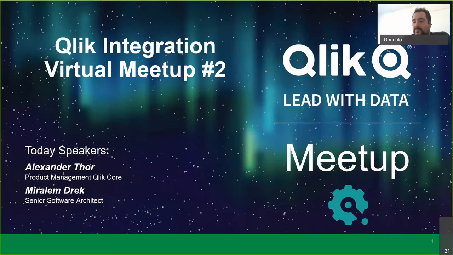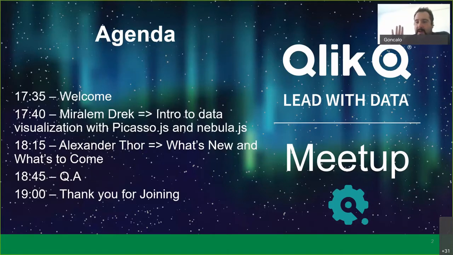I'm not going to spend too much time with slides, just a couple of them. So let's do this quickly. First of all, the agenda. Very quickly, I'm just going to show a couple of slides, explain the team, what we are going to do, what we have. Then we will start with Miralem's presentation around Picasso and Nebula. And then we will move to Alexander.